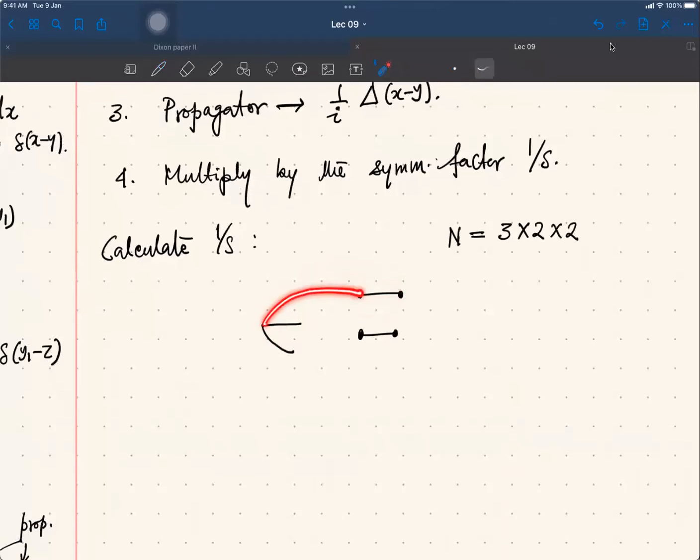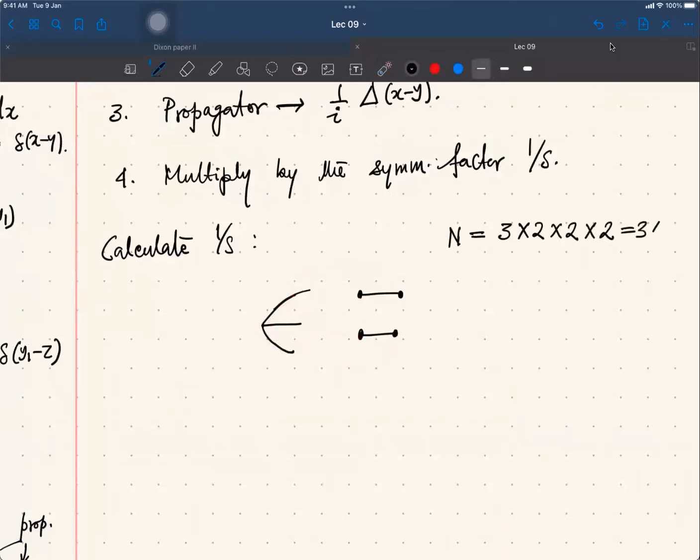The topological character of the diagram says that this dot has to remain free, and these two are now supposed to go and hit on this. Now that can again happen in two ways, because it can go like this or it can go like this, right? You can flip, interchange. So that is another factor of 2.